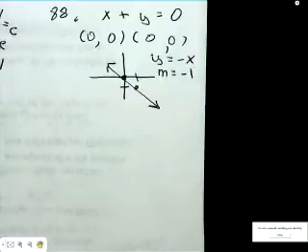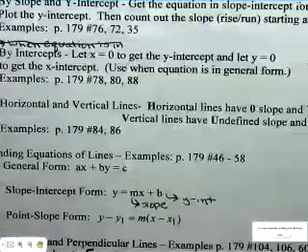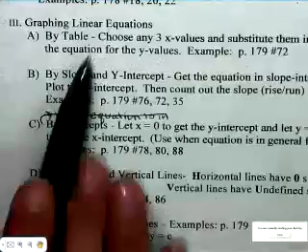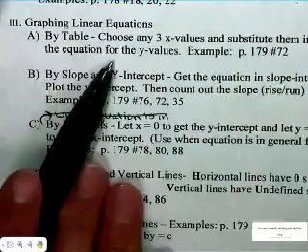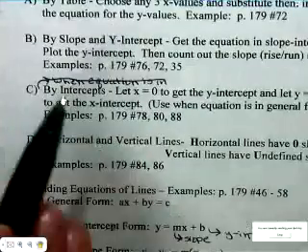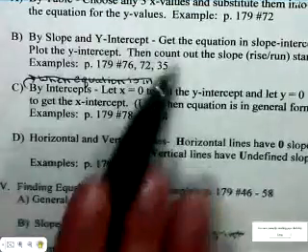All right, let's see where we are on the outline. We've talked about making a table, but I never graph lines by making a table. I either say, hey, this is in slope-intercept form and use the slope and y-intercept, or I say, hey, this is in general form.